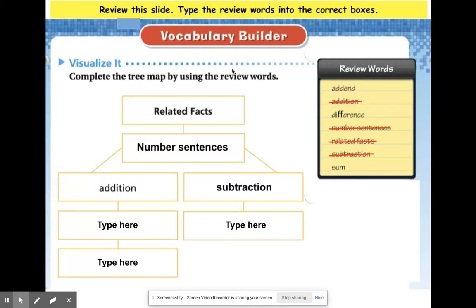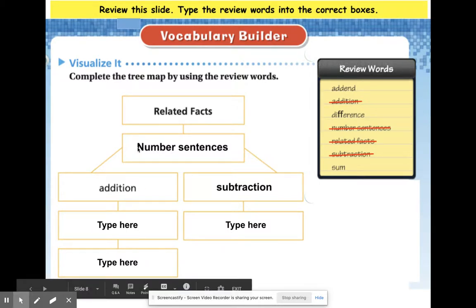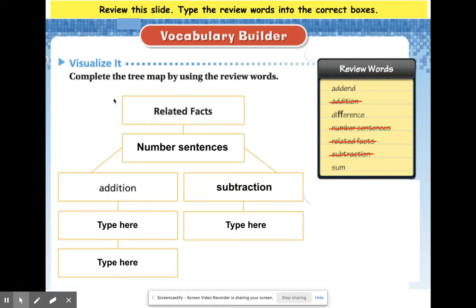Then you're going to review this slide. It's got all of the review words that we need to help us move forward with multiplication. So when we have a tree map, it is words that relate to each other. And in our case, it's all about math.